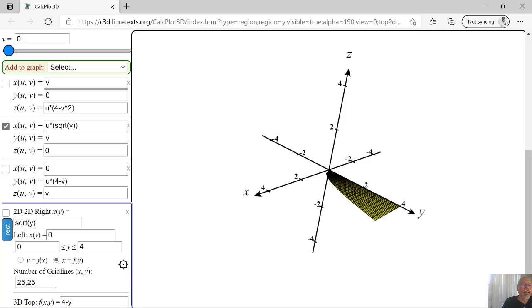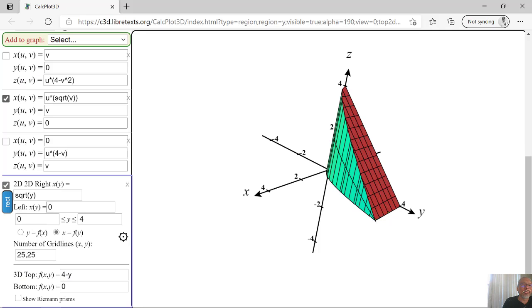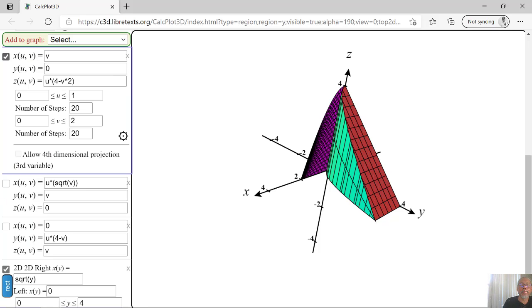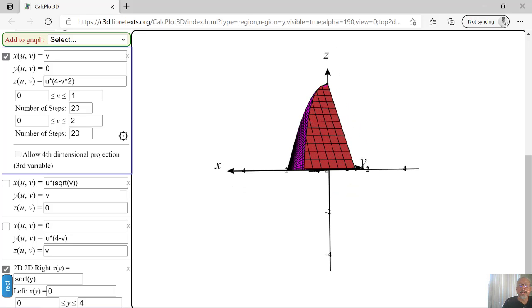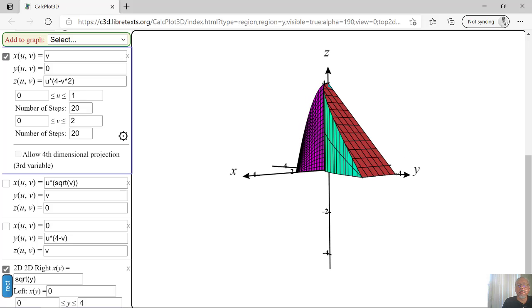And then finally, the more difficult one, because it's not up against the XZ plane, the shadow that this makes on the XZ plane is this upside down parabola that we saw. If we look at it directly along the Y, you see the XZ plane over here.